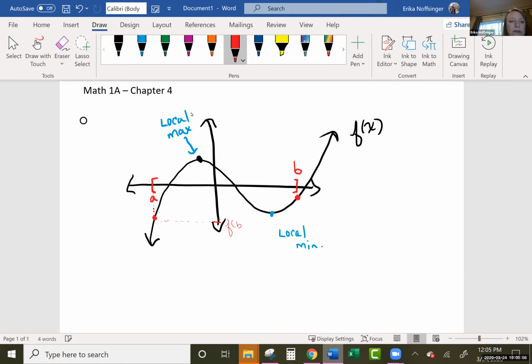I'm sorry, f of a. I'm looking at b while I do it. And if I look at this value, maybe let's call it c, it looks like that y value is bigger than my y value when x is a.